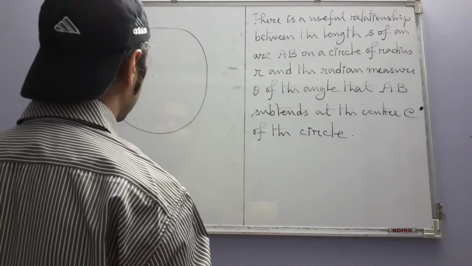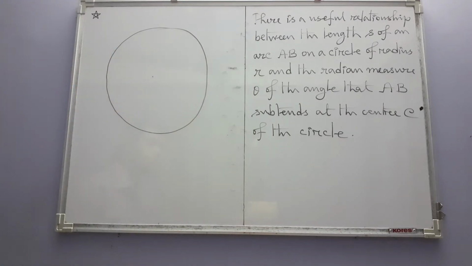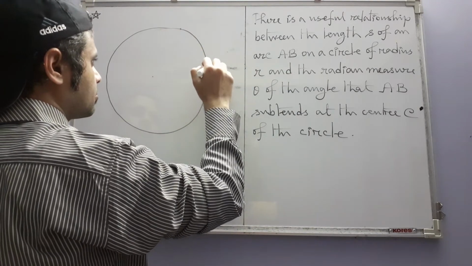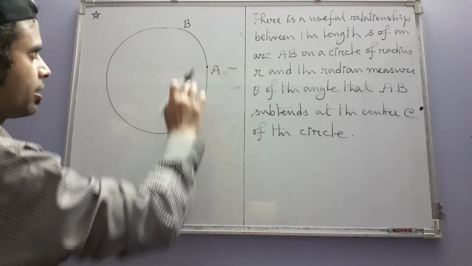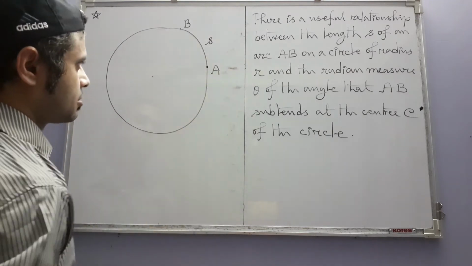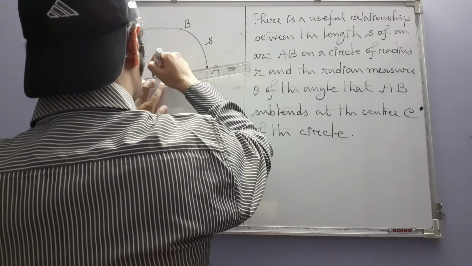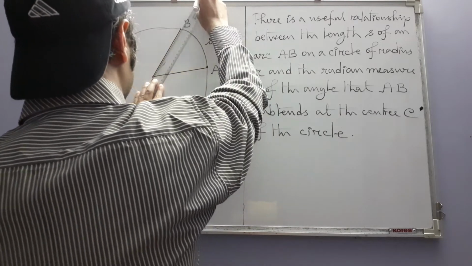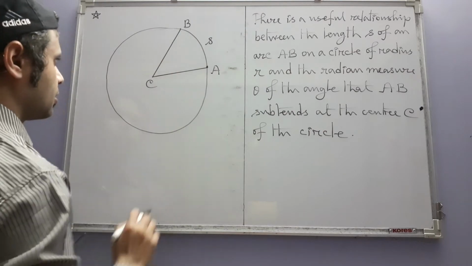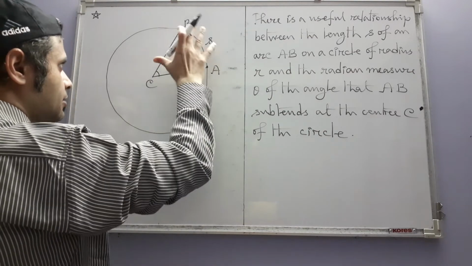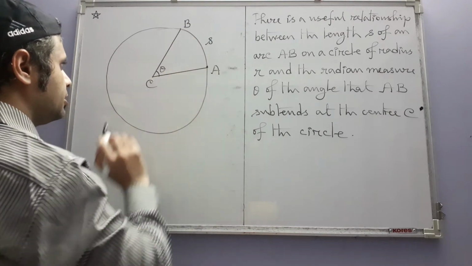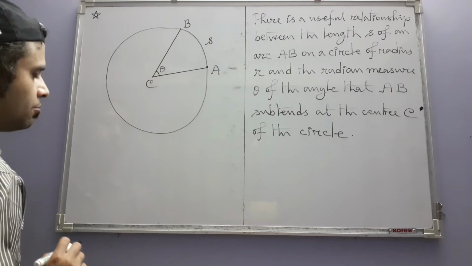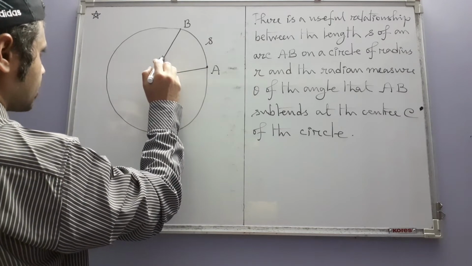In it there is a circular arc AB, which has length S, and let's just join these two things. So this is the center C of the circle, and the angle that this arc subtends at the center is theta radians. The radius is r, so CA is r. But now what we do, we draw a unit circle with the same center.